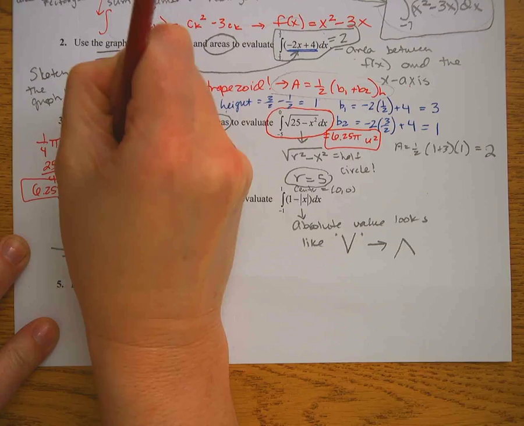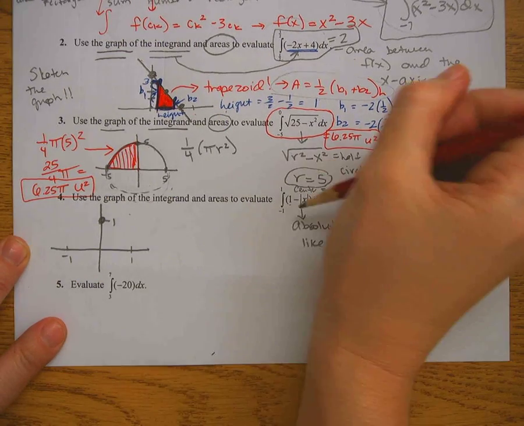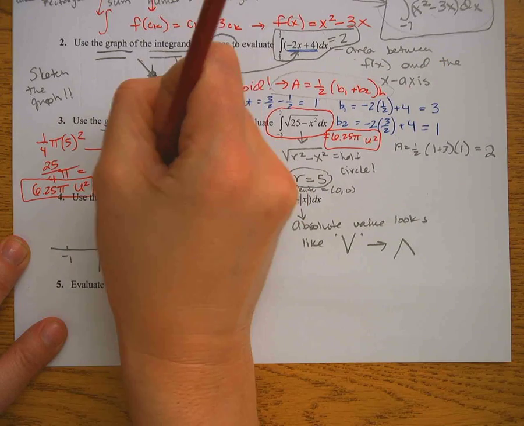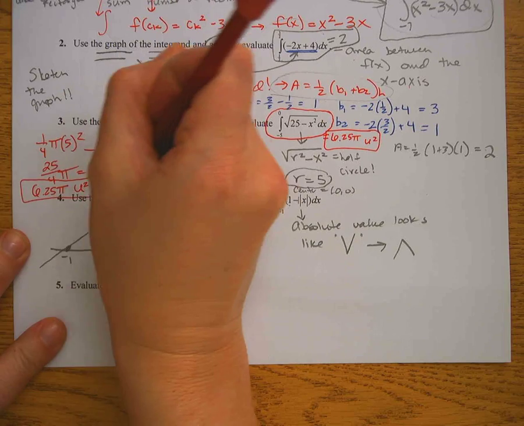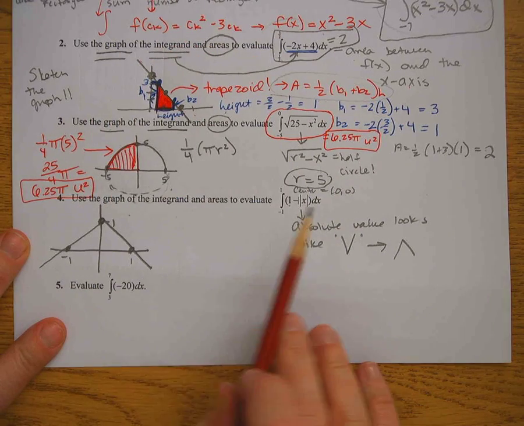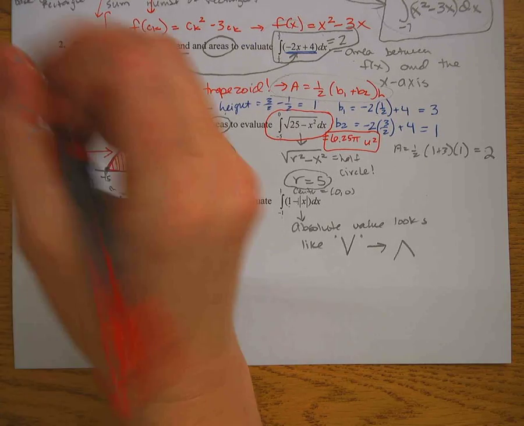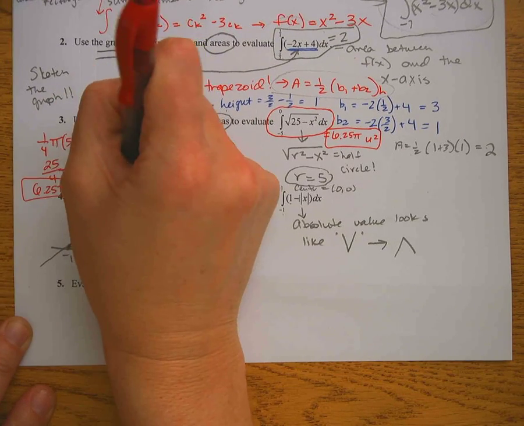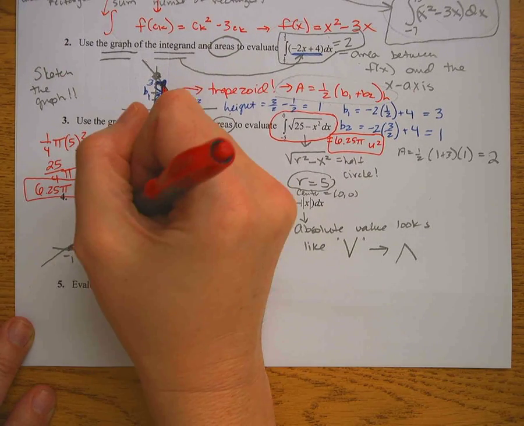So it starts at 1. That's what that means. And it's going to be facing down with the slope of 1. So it goes down 1, over 1, and then also to the left. And there's our graph. And that's perfect because I want to know the area between that curve, or this V, and the x-axis between -1 and 1.